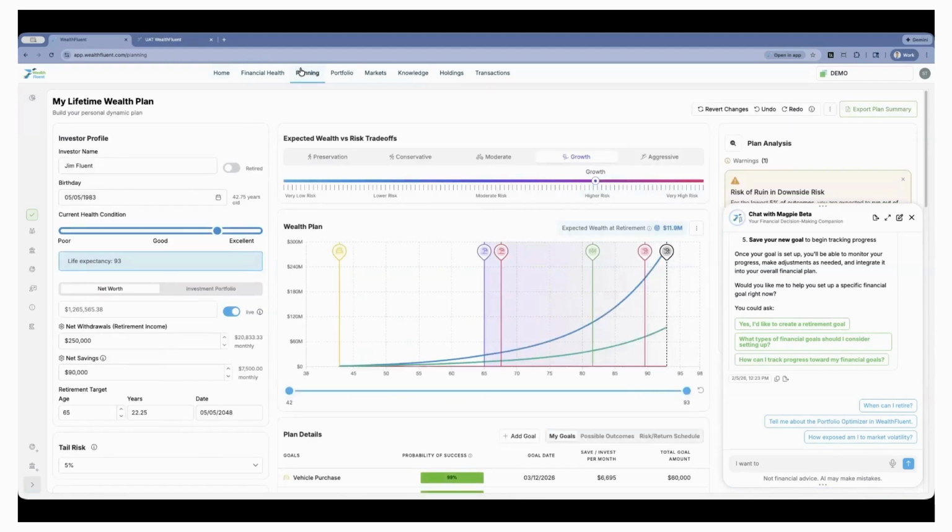Yeah. What's nice about the way we think of things at WealthFluent is that it's holistic. When you're planning, you're planning against current net worth, and then the investment returns and cash flows of all of the pieces going forward. Until you execute the goal, you don't think about which account it's going to come from.